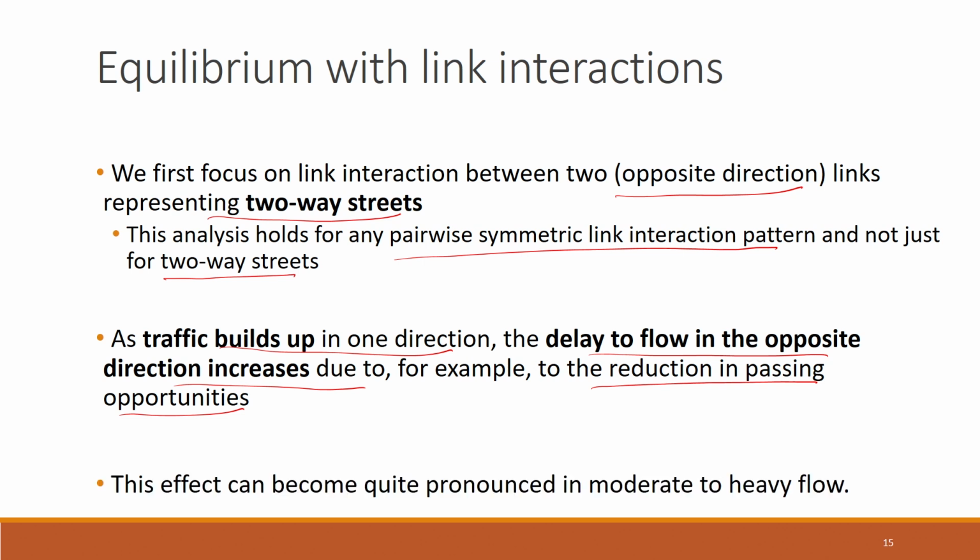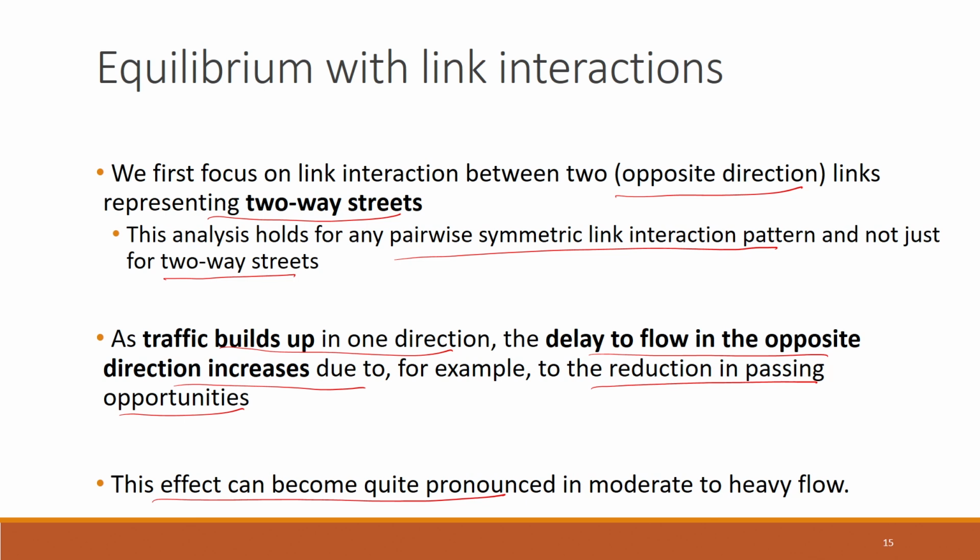This effect can become quite pronounced in moderate to heavy flow. Okay. So, this kind of interaction is only meaningful when there is significant flow in both the directions in the two-way streets. Okay.